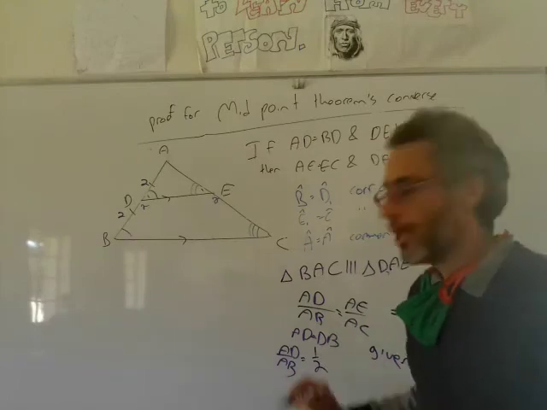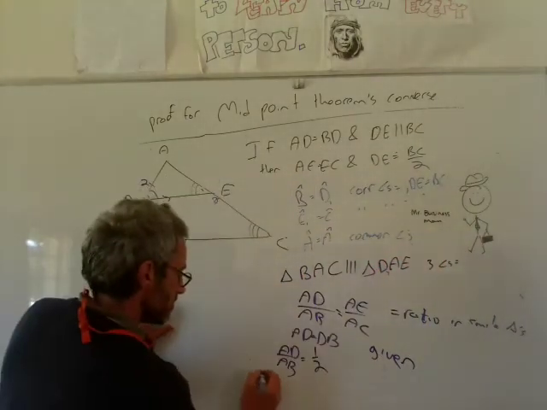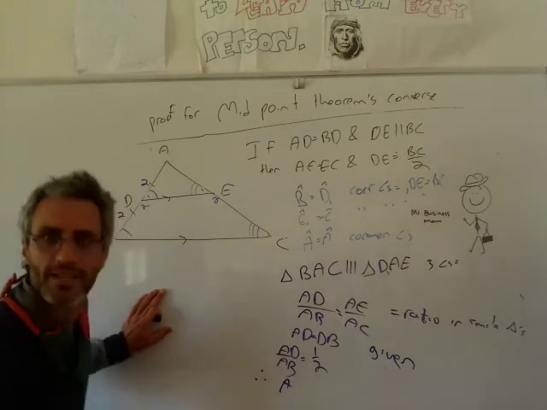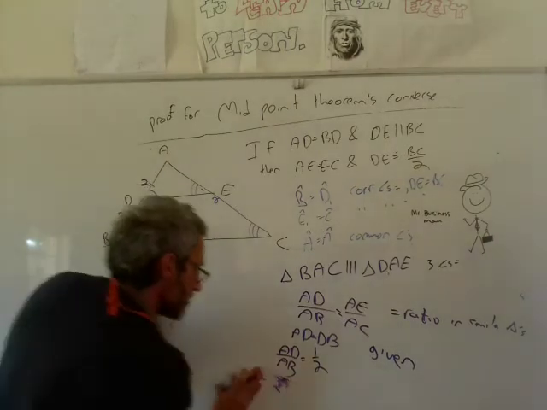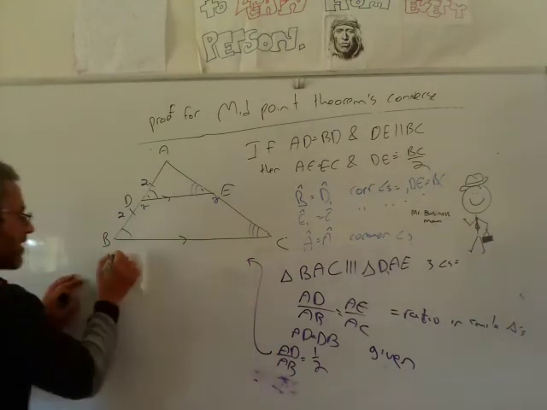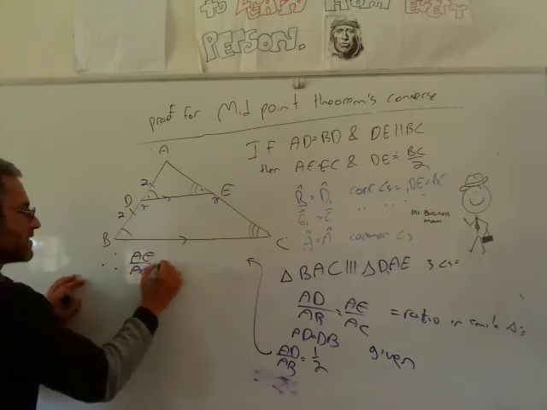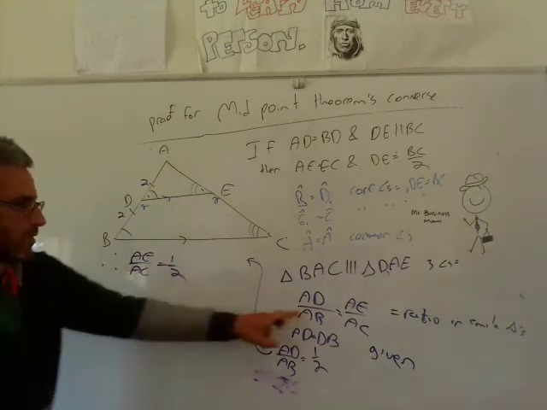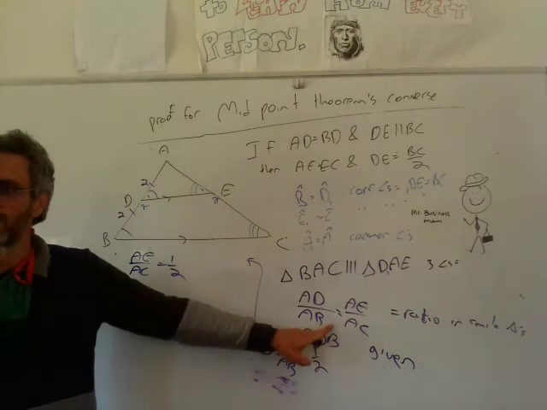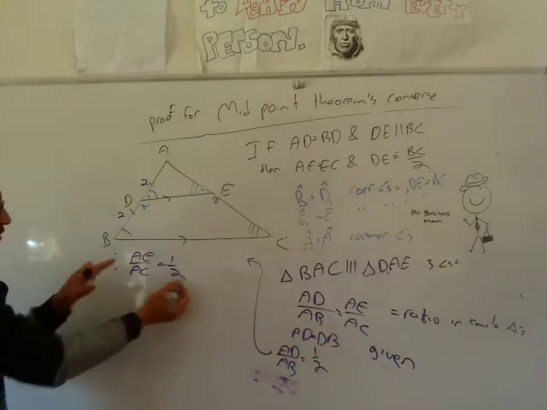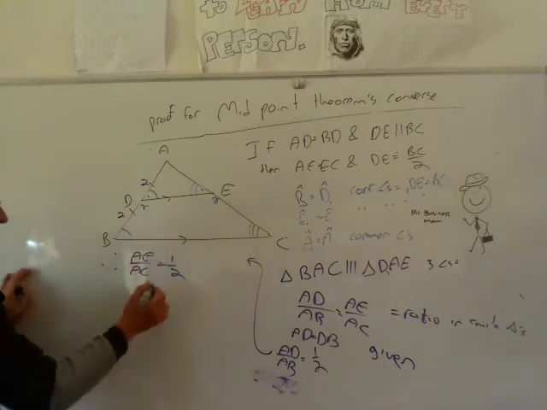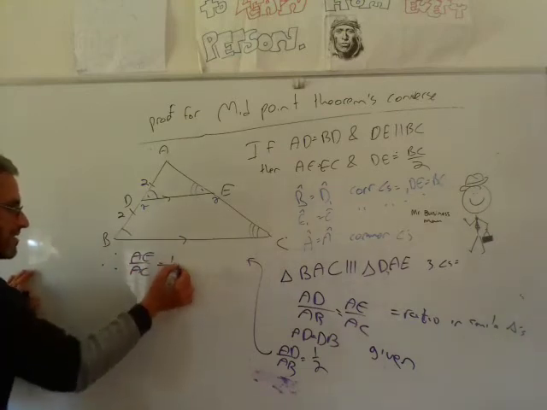So therefore, AE over AC is also going to be half, because we said they're equal, right? So then I can just transform it. I'm going to move AC there and 2 over there.